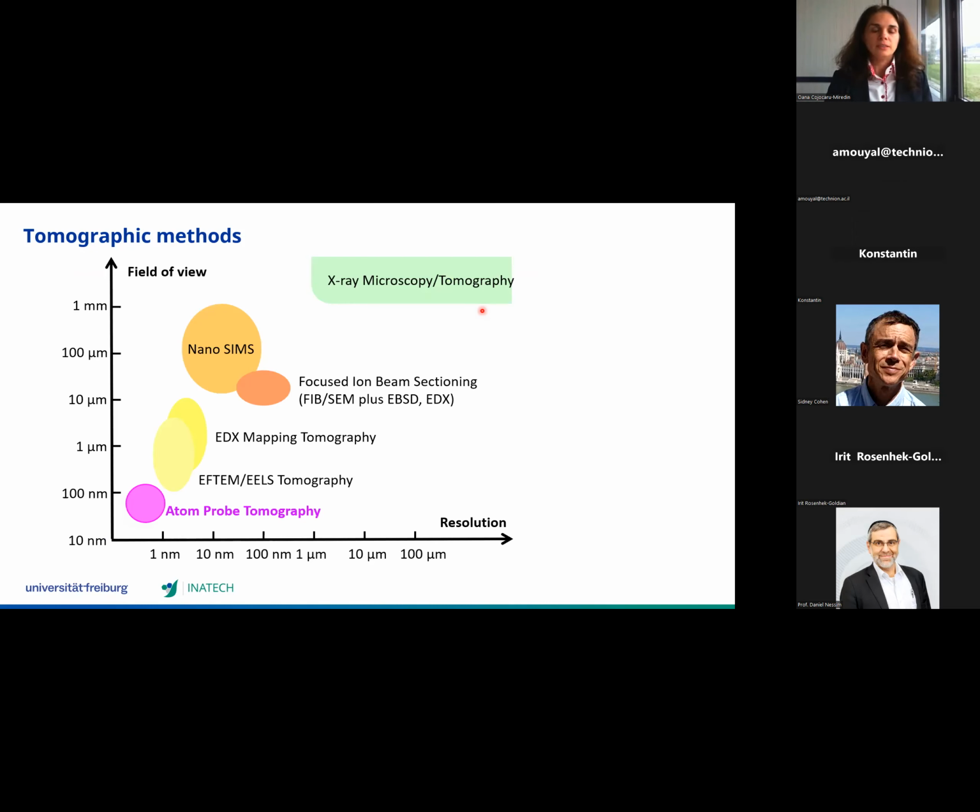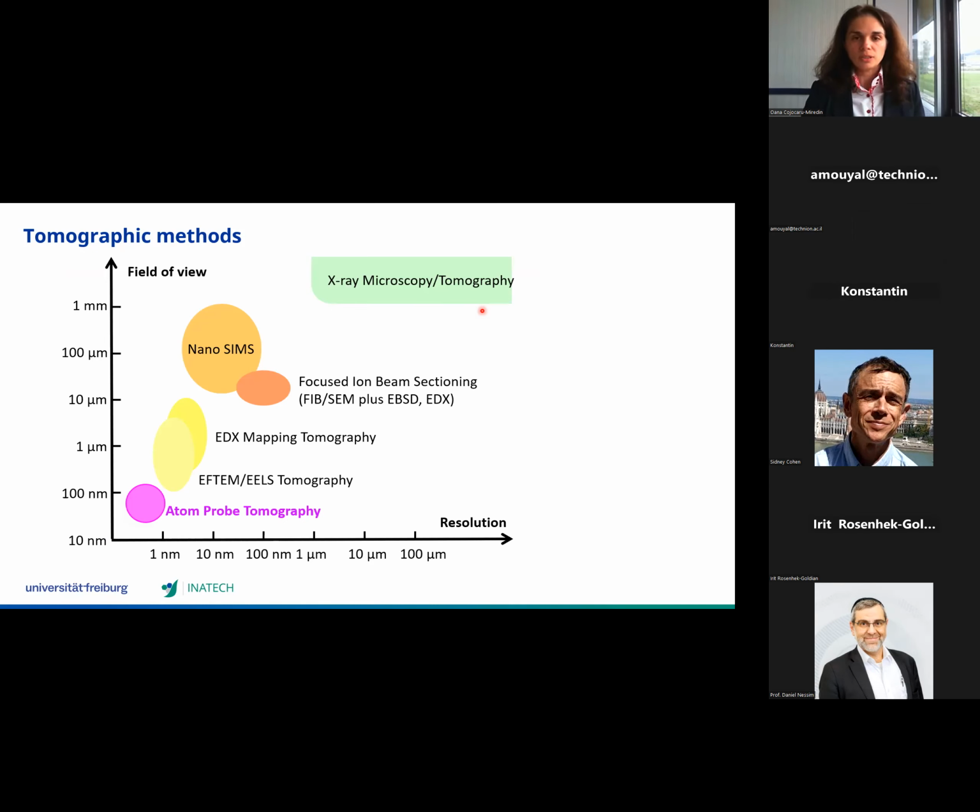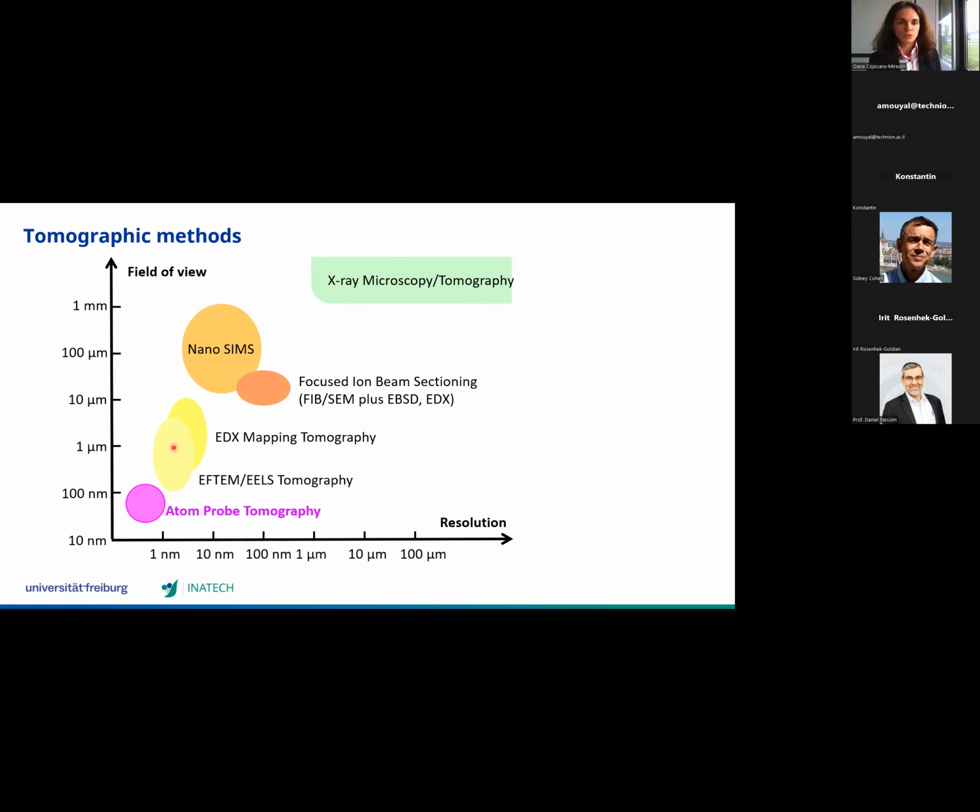We have in science several tomographic methods, and I provide you here these methods as a function of the resolution and the field of view. Of course, for a very high field of view and lower resolution, we have X-ray tomography. Then, going down with the field of view almost linearly, we have the nanoSIMS and the focused ion beam. And then we have, of course, the possibility to have tomography with EDX and EELS in TEM capabilities.